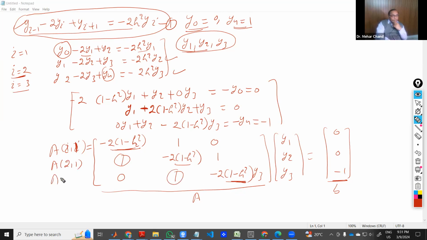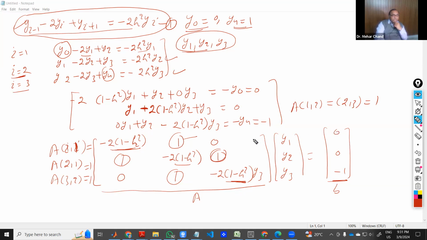This is A21 and this is A32, and both are equal to 1. In the above, these are A12 and A23, both equal to 1, and the other elements are 0.